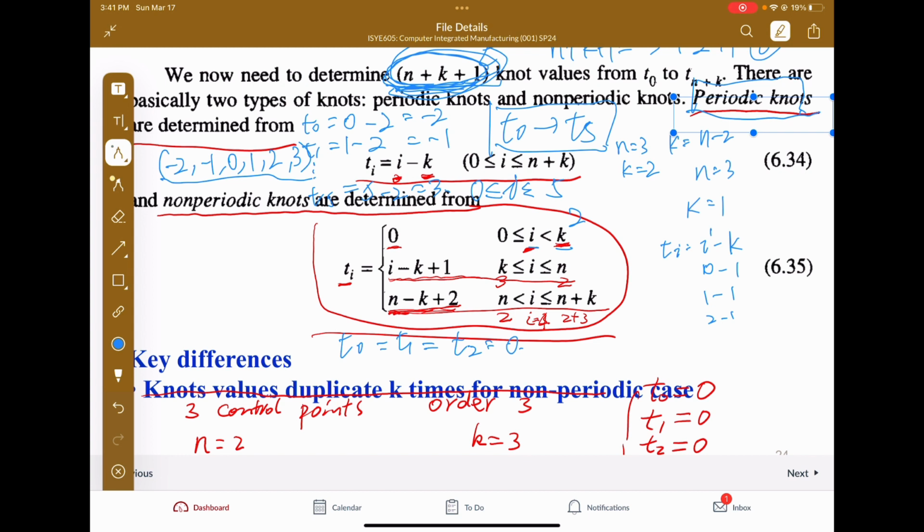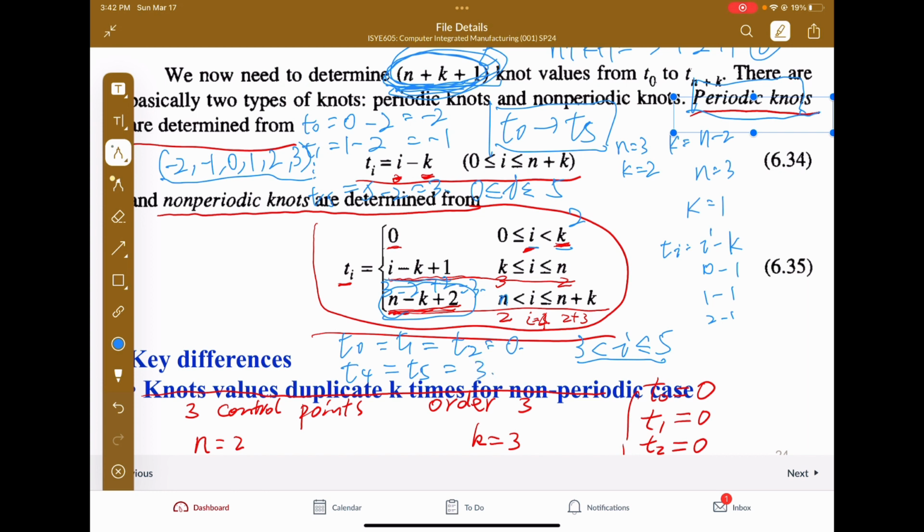And when i is larger than n, which is 3, so i is higher than 3 but smaller than 5 in our case, it will be the same: 3 minus 2 plus 2 equals 3. So t4 equals t5 equals 3.